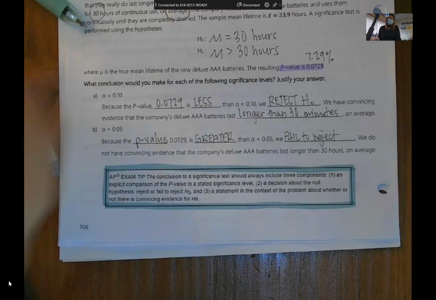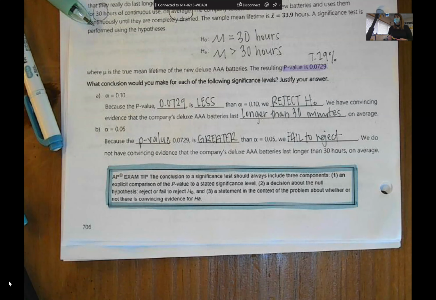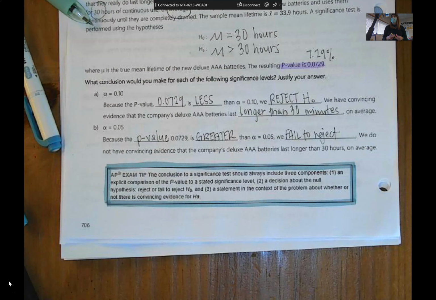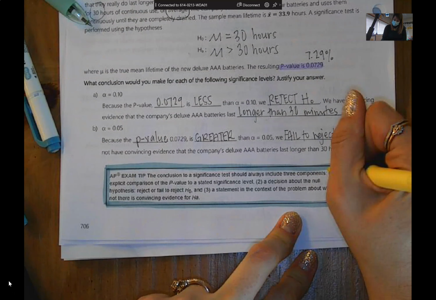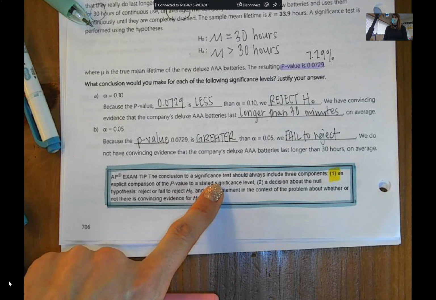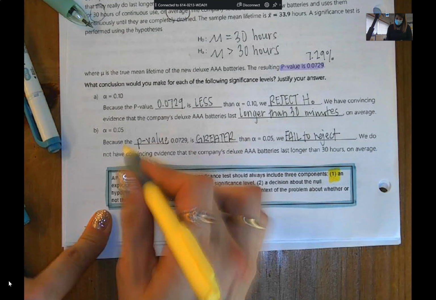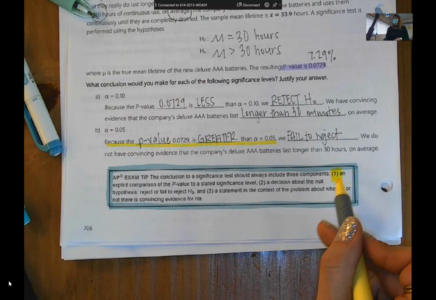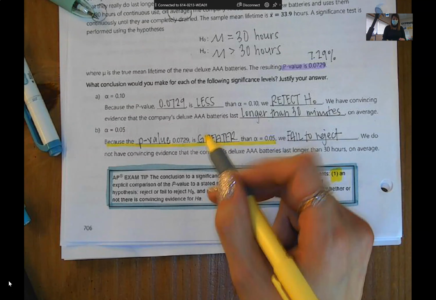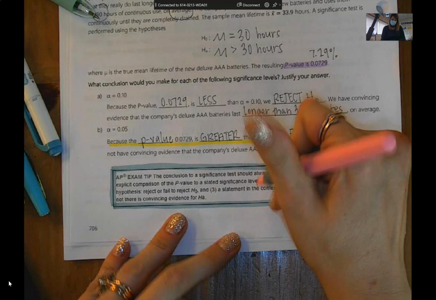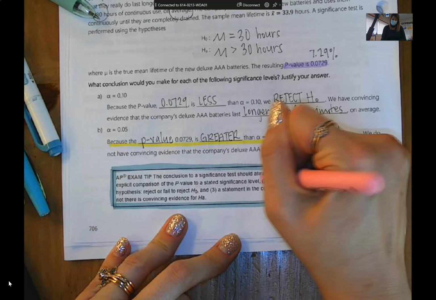And then they give you a really important exam tip. Whenever you make one of these conclusions, you have to make an explicit comparison of the p-value and alpha. So I'm going to highlight that in yellow. So 1 is make an explicit comparison. 2 is make a decision about the null.